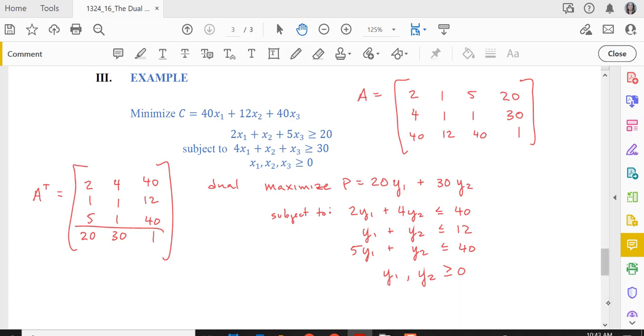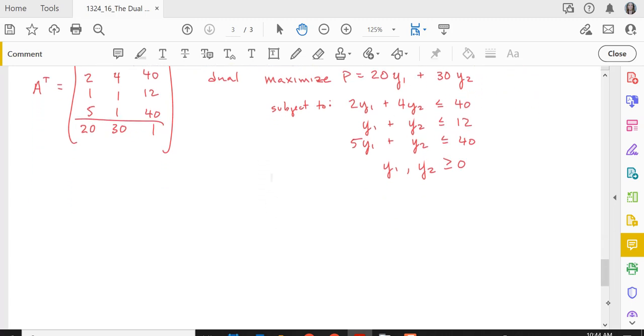The next step is to write the initial simplex table using that dual problem. So my matrix, I'm going to have columns y1, y2, and there's 3 constraints, right? So I'm going to have to add how many slack variables? 3.